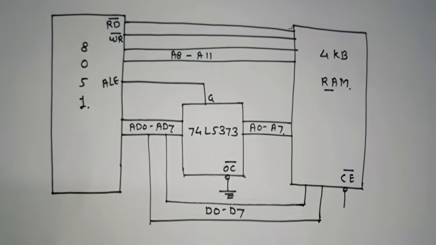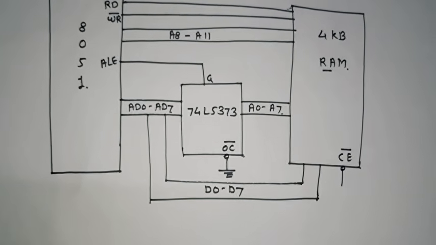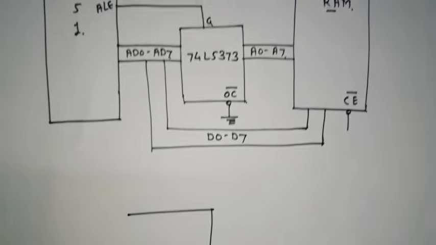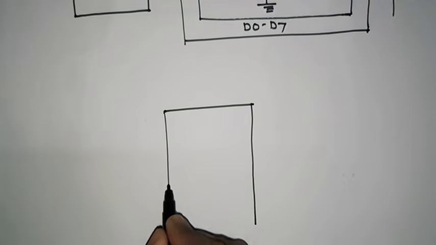To select the memory chip, we can use a 3 to 8 decoder.